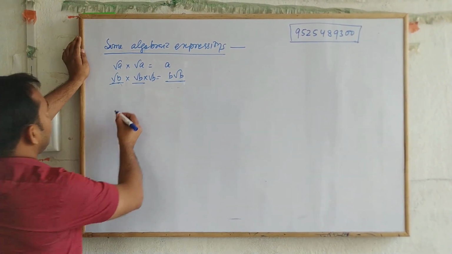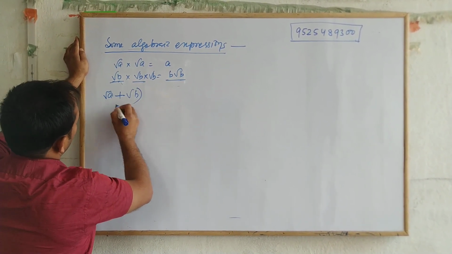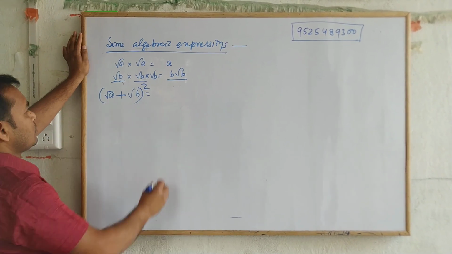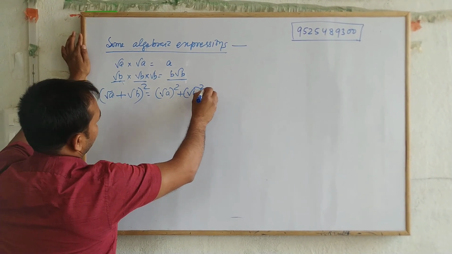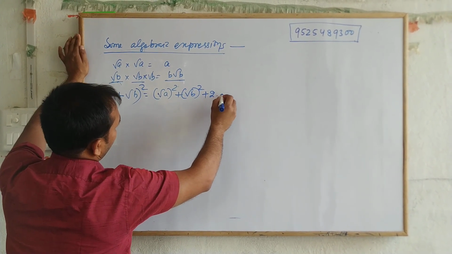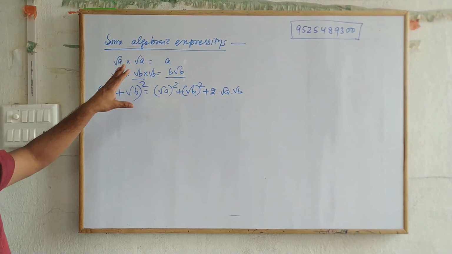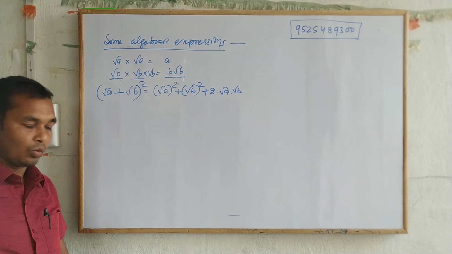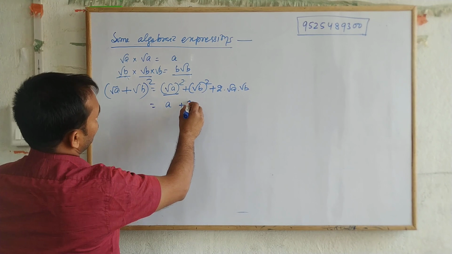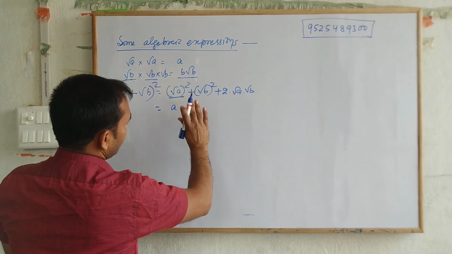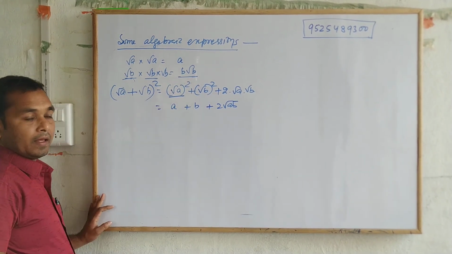Similarly, root A plus root B to the whole square is equal to root A to the whole square plus root B to the whole square plus 2 into root A into root B, on the basis of x plus y to the whole square, which is A plus B plus 2 root AB.